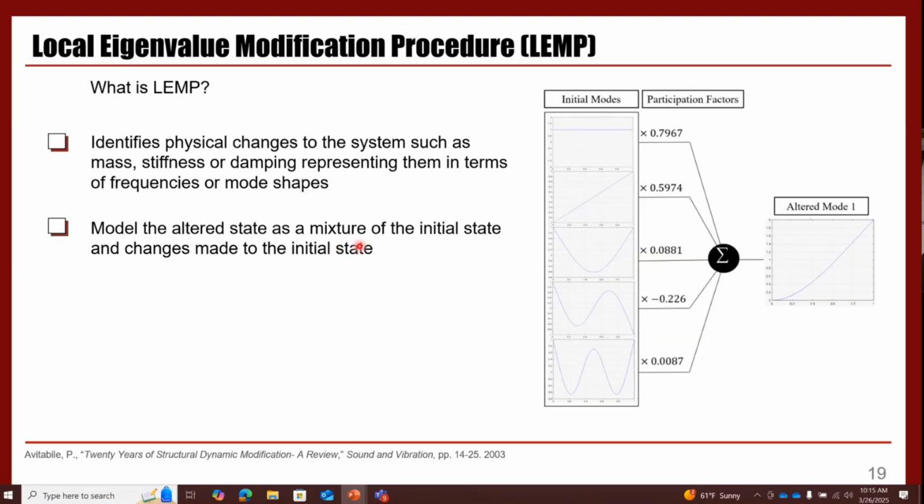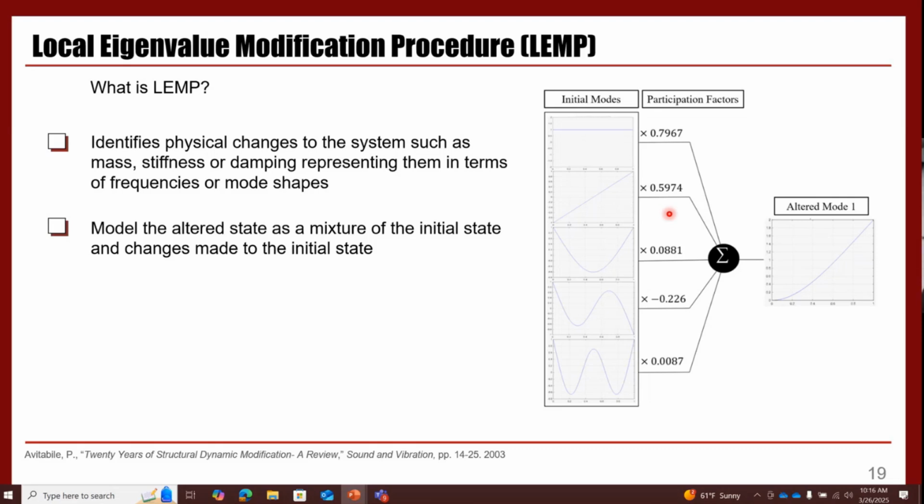So what LEM does is look at the initial state of the system, identify all the participating modes, and then use those modes to form the new, altered state of the system. Now, all the modes in the initial state have different participation factors.